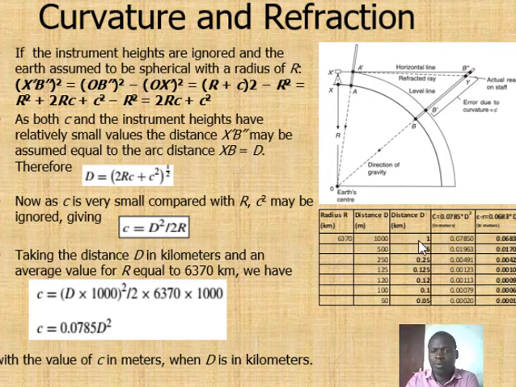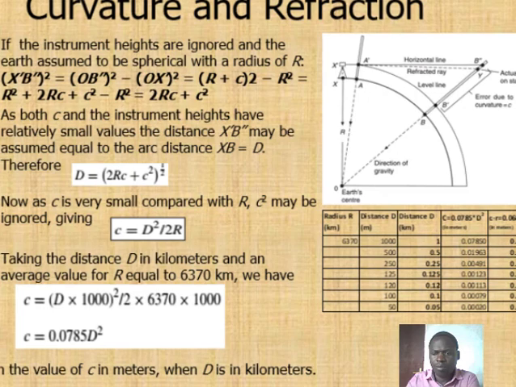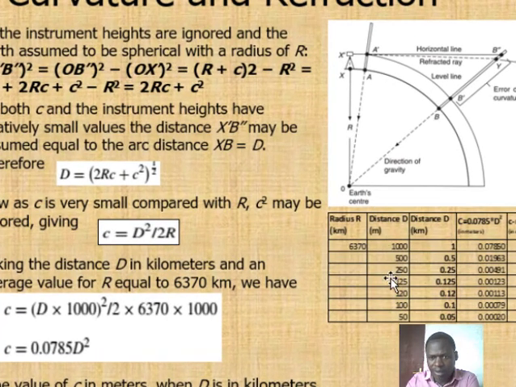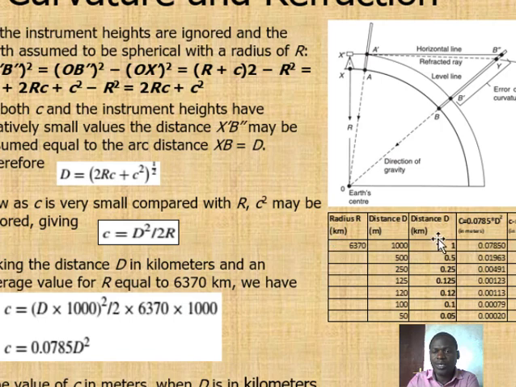Let us take the example here in this table. We suppose that the radius is equal to this value, and the distance we start with is 1,000 meters, which is equal to 1 kilometer, and 500 meters, 250 meters, 125 meters, and 120, and 100 meters, and 50 meters.